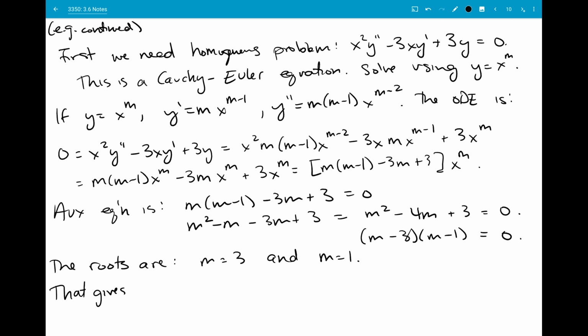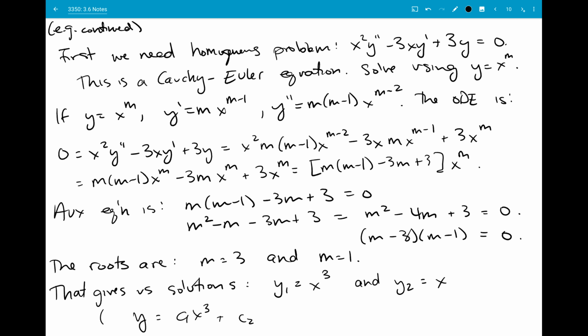That's going to give us solutions y1 equals x cubed and y2 equals x to the 1, so just x. And normally, if we were just solving that equation like in the rest of this section, we would say y equals c1 x cubed plus c2 x, draw a box around it, and say we finished this problem.